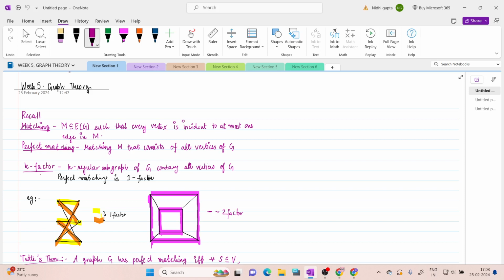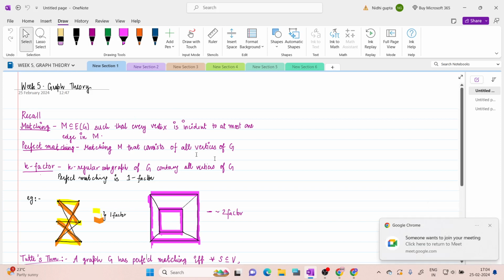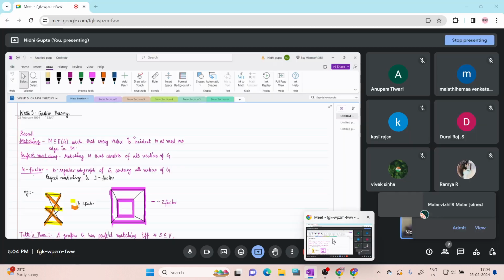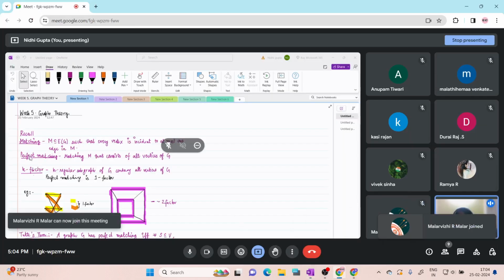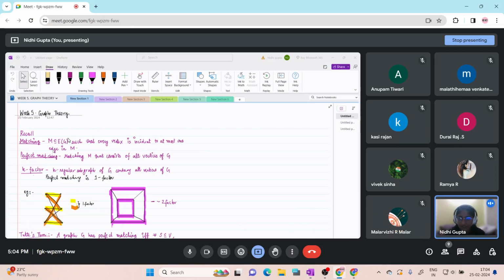A matching is any subset of edges such that every vertex is incident to at most one edge in M. And a perfect matching is a matching which covers all the vertices of G, that is, every vertex is incident to exactly one edge in that subset M. A matching is also what is called a one factor.